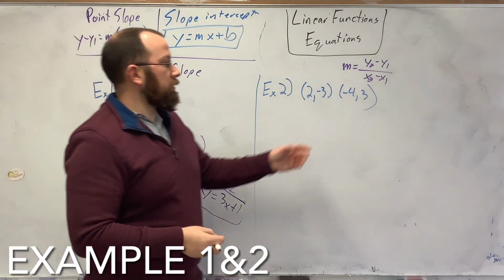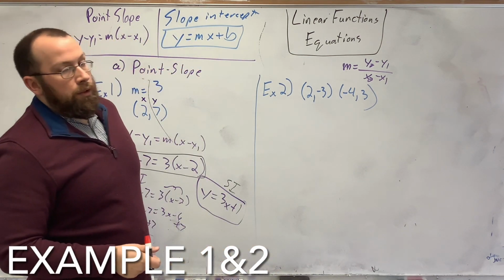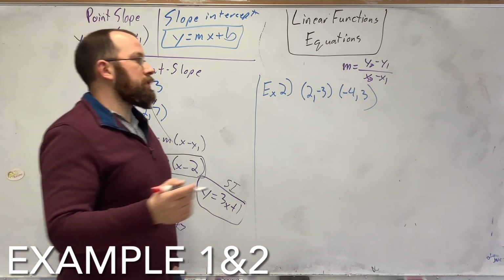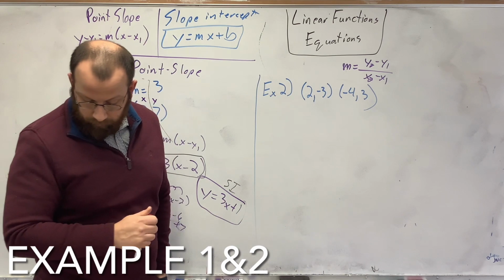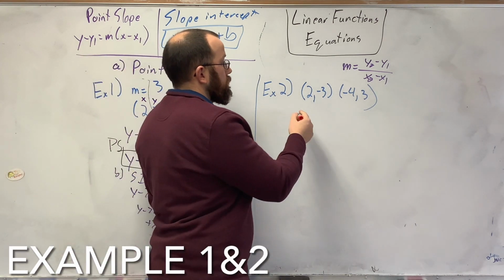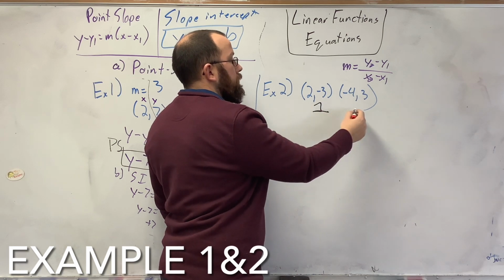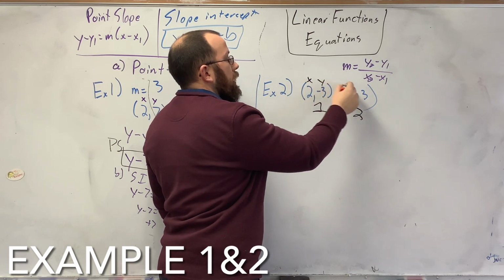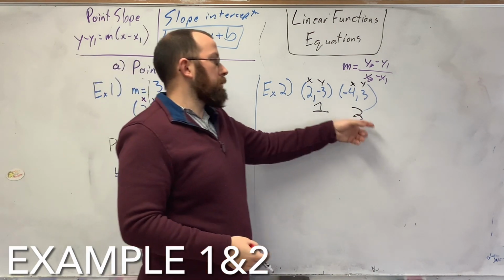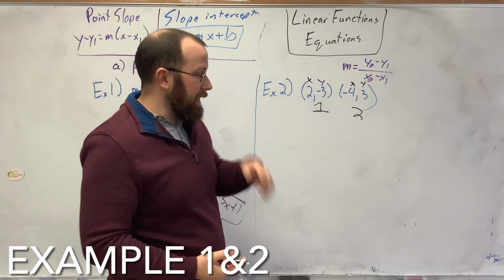So let's come over here to our, we're going to find slope. So I label this 1 and 2, x, y, x, and y. All right, if I label this one 2 and that one 1, it's fine. It all works out the same.